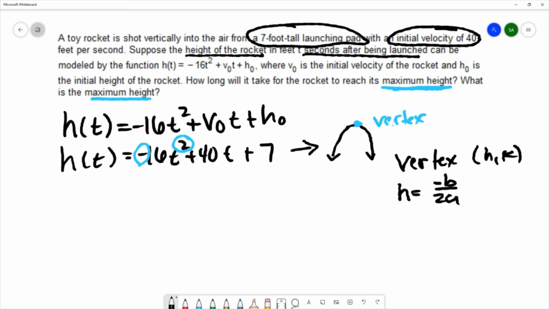We can find the y-coordinate of that vertex by substituting the x-coordinate into the function. So we would substitute into our height function negative b over 2a. So we'll find the vertex for this example.